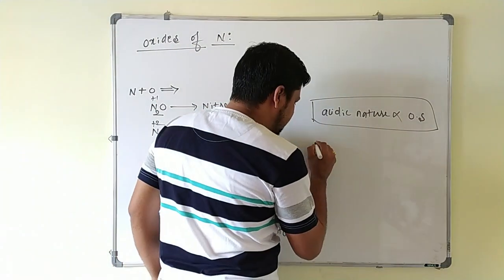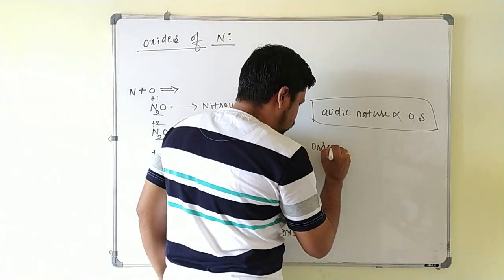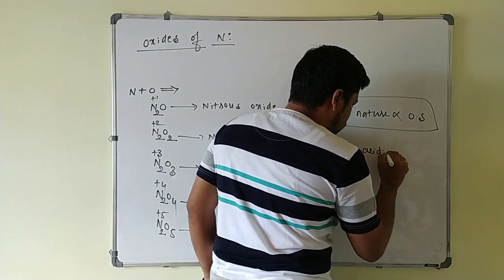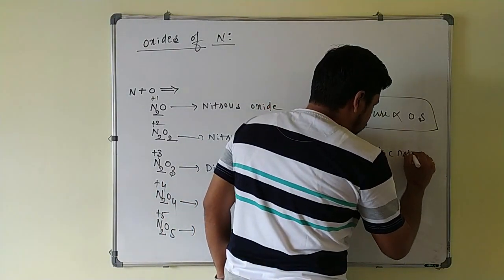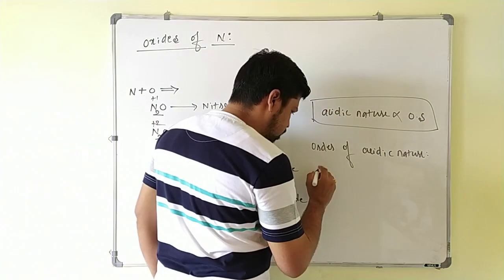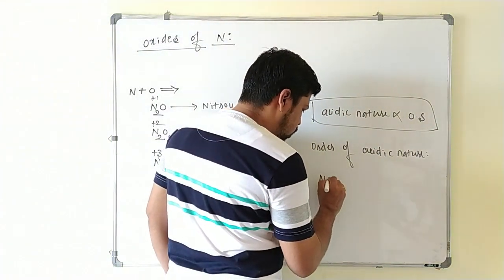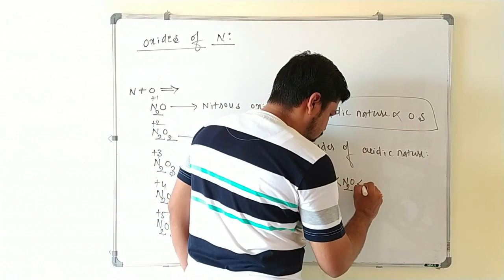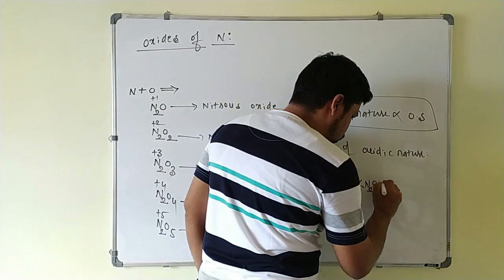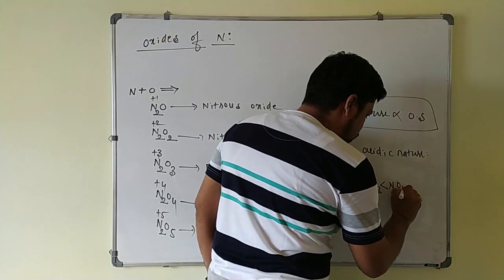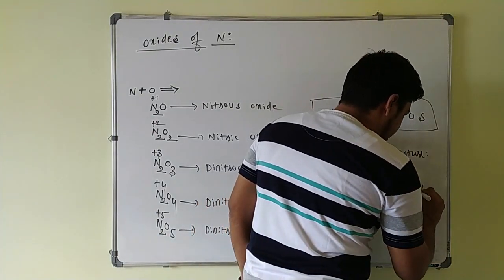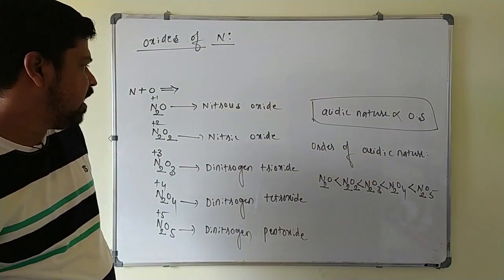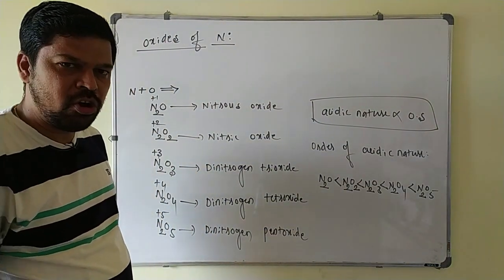The order of acidic nature is N2O < N2O2 < N2O3 < N2O4 < N2O5. This is the order of acidic nature of these nitrogen oxides.